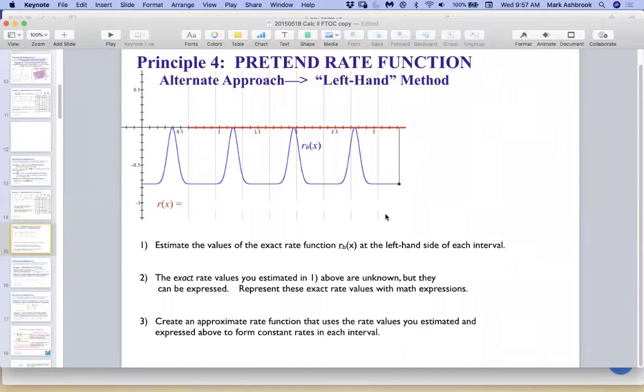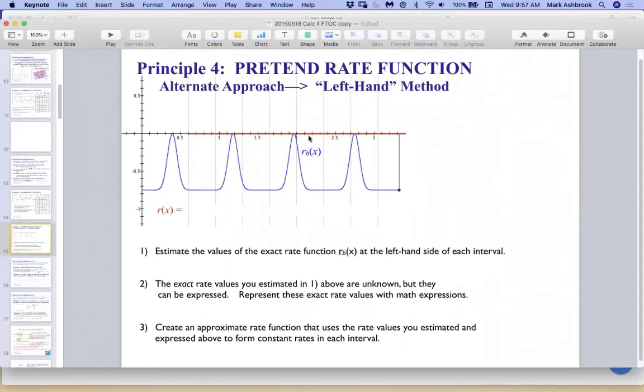So for instance, this first interval, starting at 0.6, what is the actual rate of change at the beginning of the interval, or at the left-hand side of the interval? Negative 0.75. Yeah, so here's the interval starting at 0.6. When we look at the graph, right there, that point is at about negative 0.75, right? So negative 0.75 is the actual rate at the beginning of the interval. So for this interval, we're going to let the constant rate be that value.